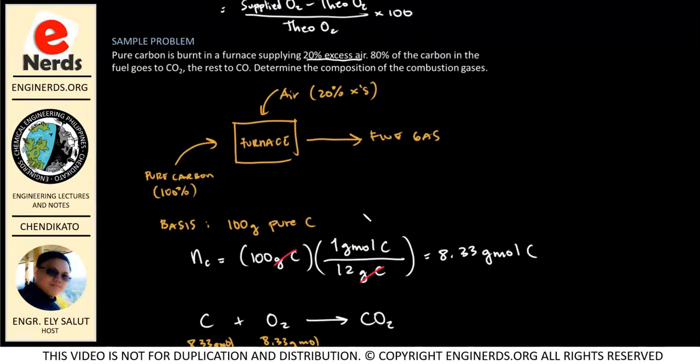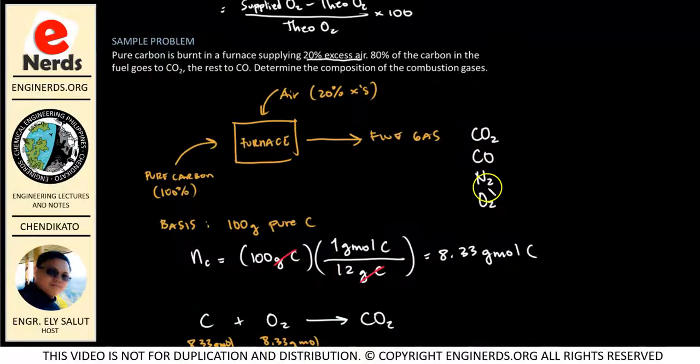Sabi sa atin dito sa given, 80% ng ating carbon napunta sa CO2 or naging CO2 and the rest is CO. So that means flue gas natin, meron tayong CO2, meron tayong CO. Tapos, meron din tayong nitrogen from air. Meron din tayong O2 kasi meron tayong sinupply na excess air, di ba?